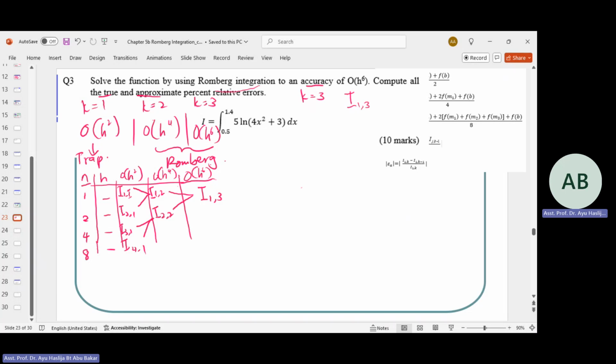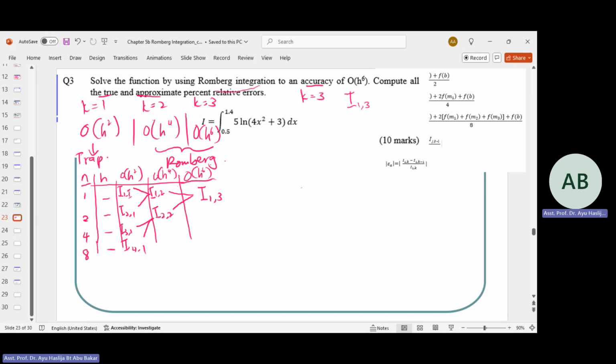After 8, 16. We double up. So we know that now you will have 4h. Maximum n is 8.